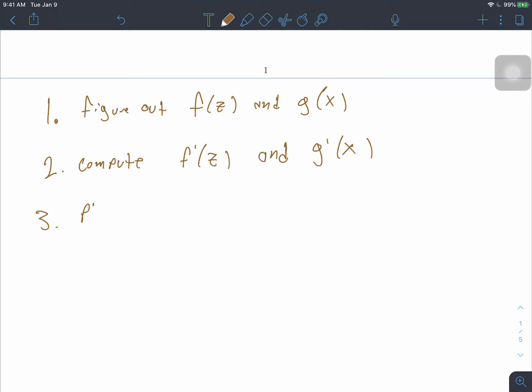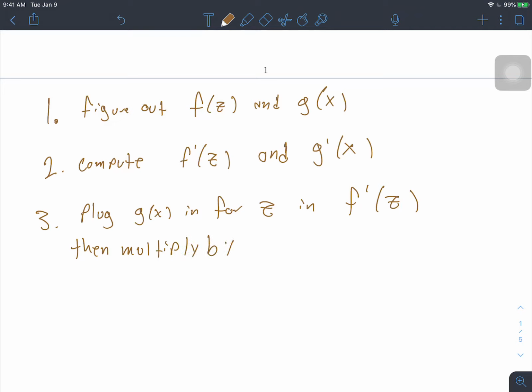Step 3, plug g of x in for z in the function f prime of z, then multiply by g prime of x.